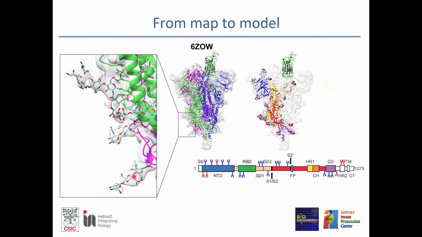I don't want to finish this presentation without remarking that one of the main improvements of our model was to increase the extension of the glycan chains. The glycan chains are sugar chains that decorate the surface of the spike, and these sugar chains are quite common in most of the enveloped viruses that try to pass unnoticed to the host immune system.